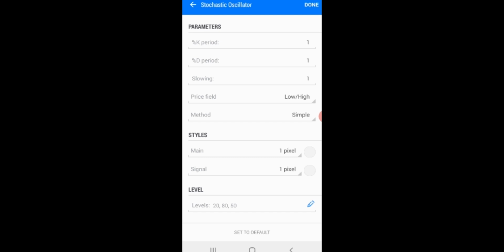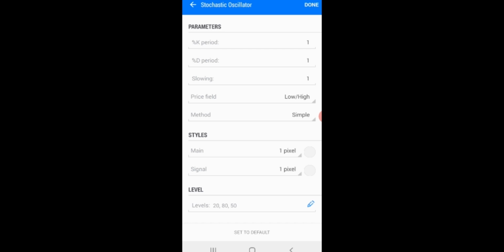The slowing 1, price field low/high, method simple, 1 pixel, then the levels 20, 80, 50.